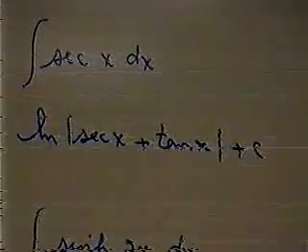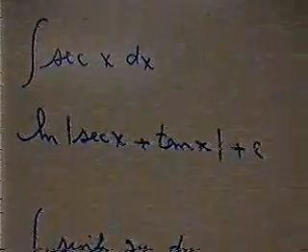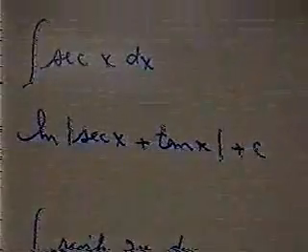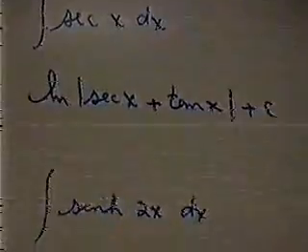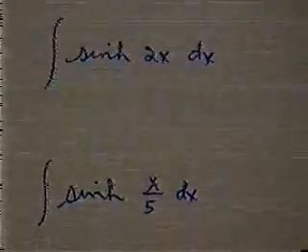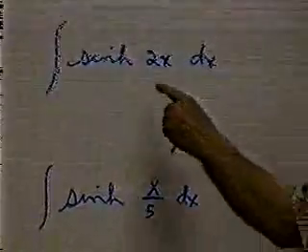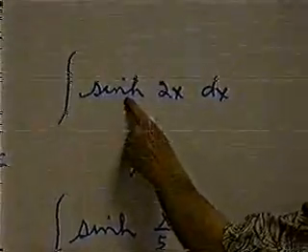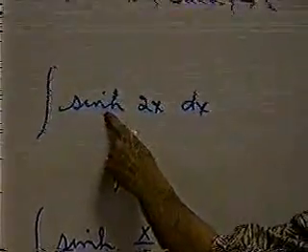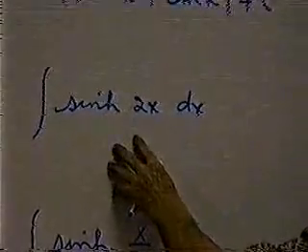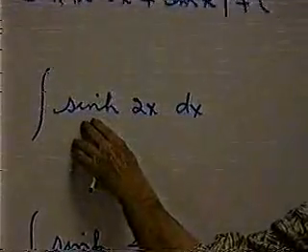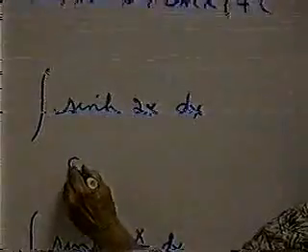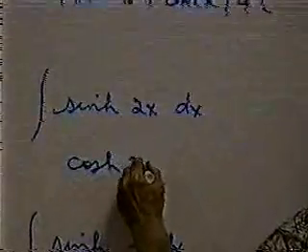Now the next 4 examples, let's look at these and just show it's the same stuff. Hyperbolic sine is the same as sine. It's the same rules, except sometimes plus and minus signs. So the antiderivative of hyperbolic sine is hyperbolic cosine.